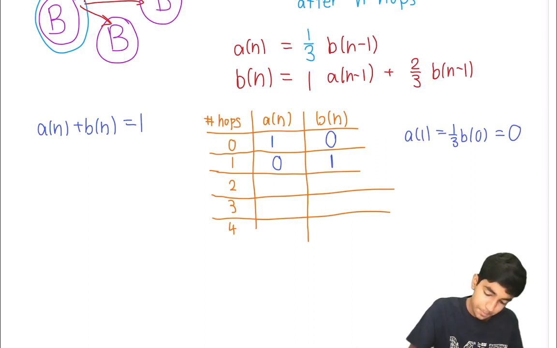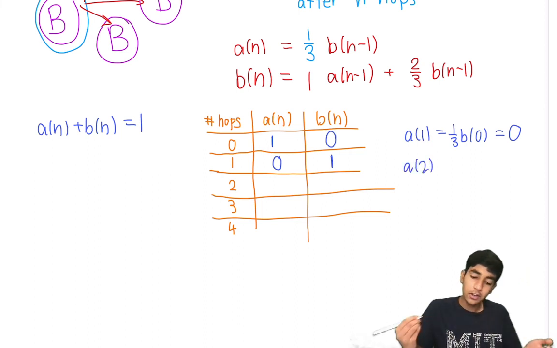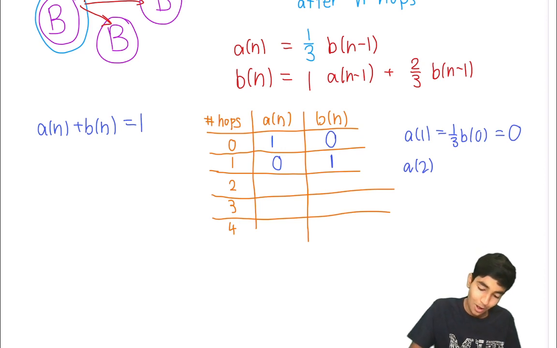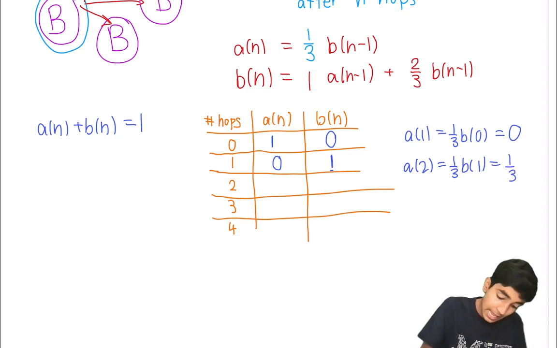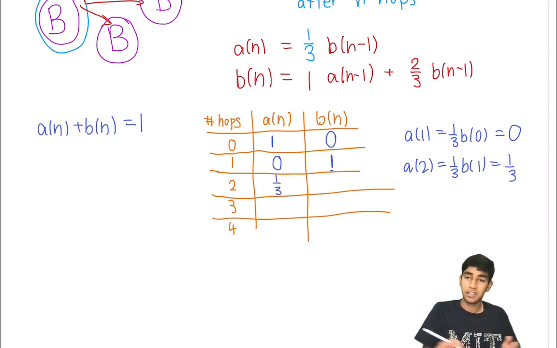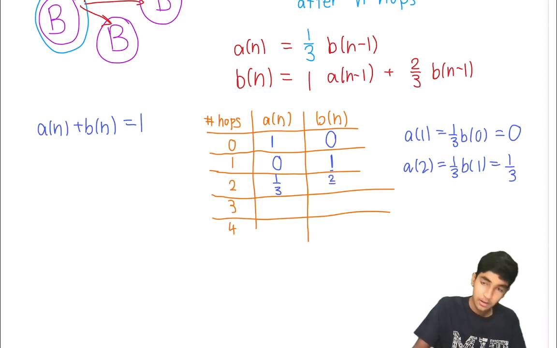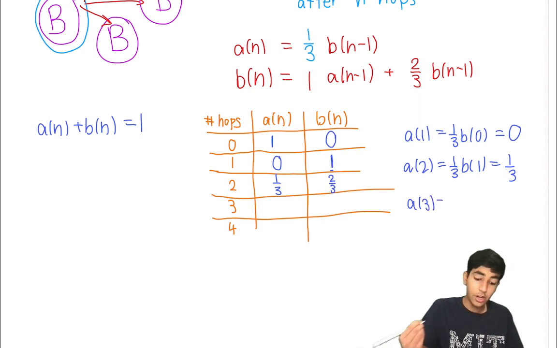Okay, A of 2. A of 2 is 1/3 B of 1. And B of 1 is just 1, so just a third. And again, we don't have to plug it into the scary recursion. 1 minus a third, 2/3. Okay, A of 3 is just 1/3 B of 2.